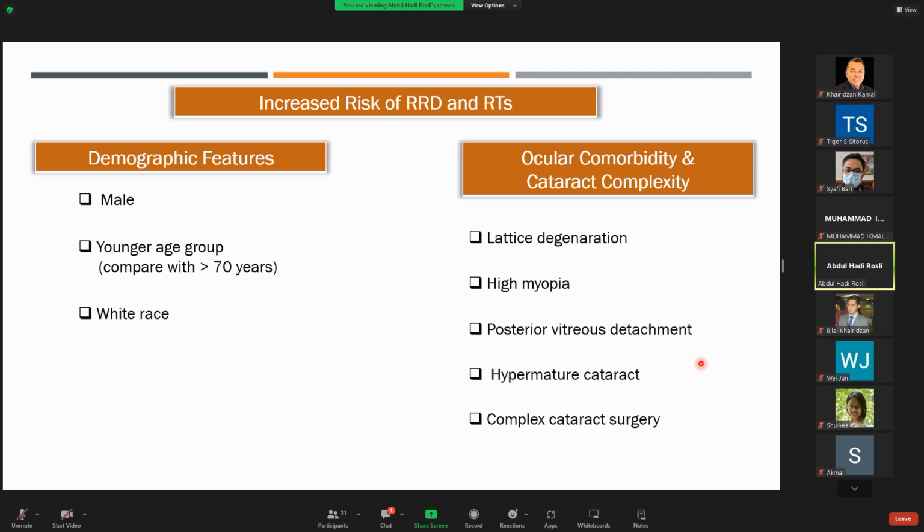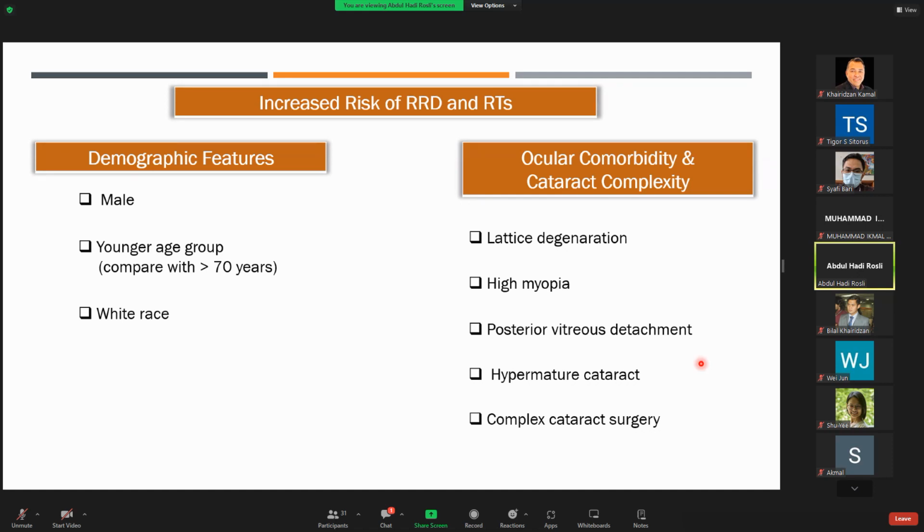Then things like hypermature cataract and intraoperative complications such as PCRAN are widely accepted as major causes of RRD, perhaps due to the presence of retraction in PCRAN and maybe more power or manipulation in the case of hypermature cataract.